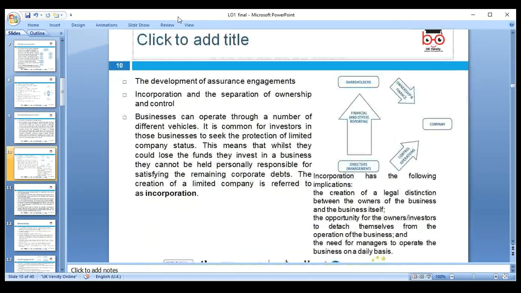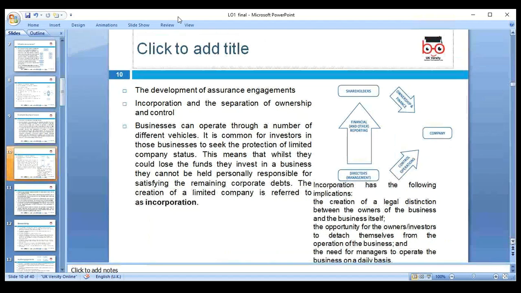So there is a process we need to look at: the development of assurance engagement, incorporation, and separation of ownership and control. Directors, shareholders. A business can operate through a number of different vehicles.